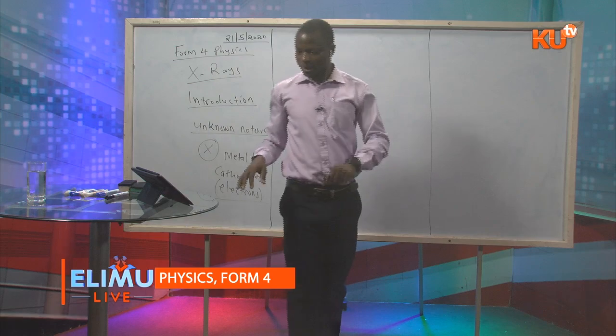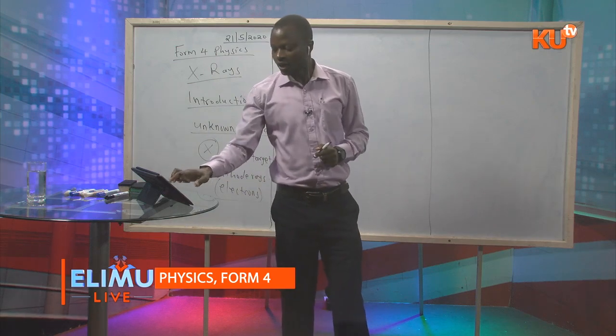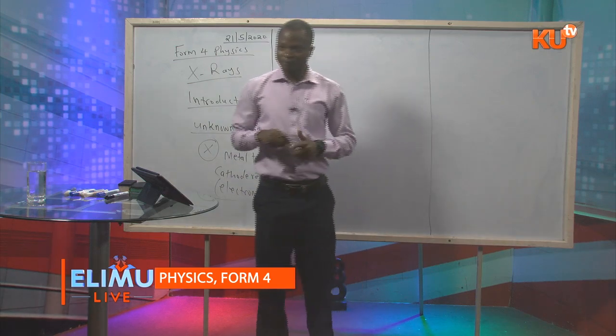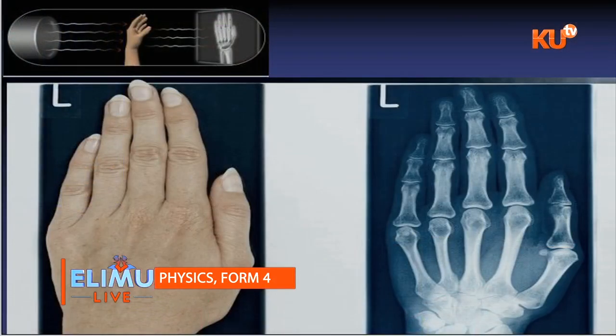Now I want us to look at a few pictures. Look at your screen. What can you see? You can see just an example of an X-ray operation. You can see far up there is a picture. Someone's hand in the path of what? Of electrons. And on the other side, there is a picture of the same. Now there are two different pictures there.